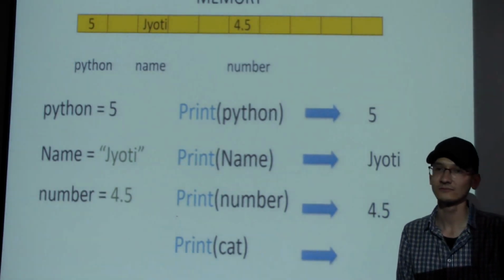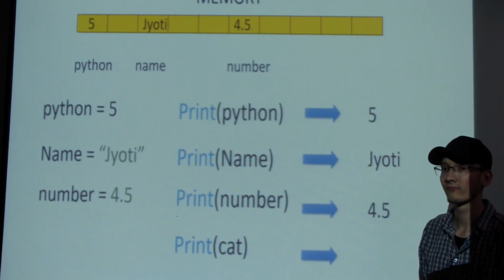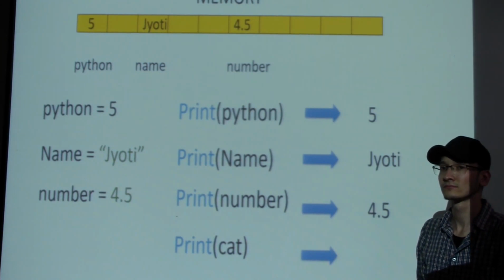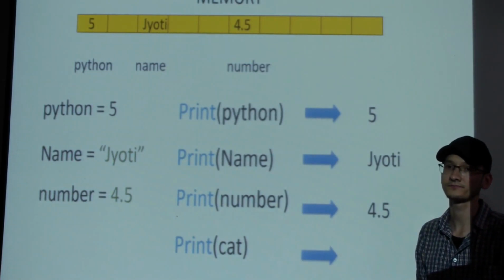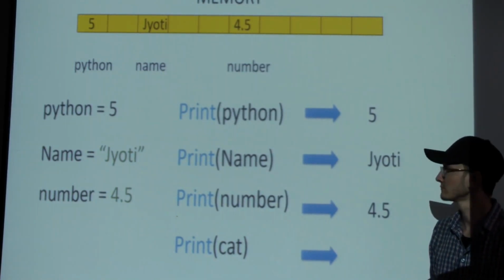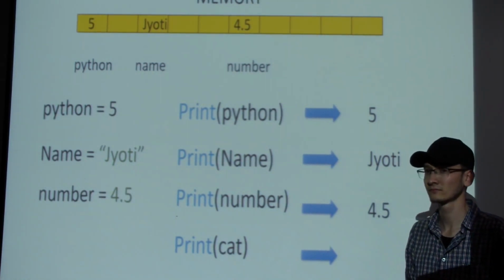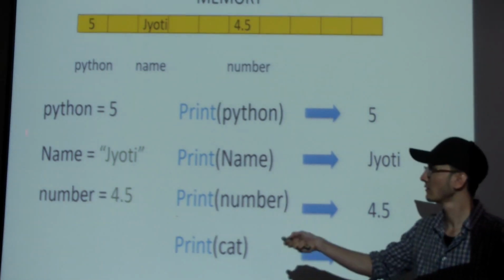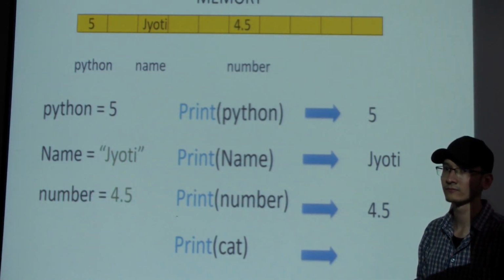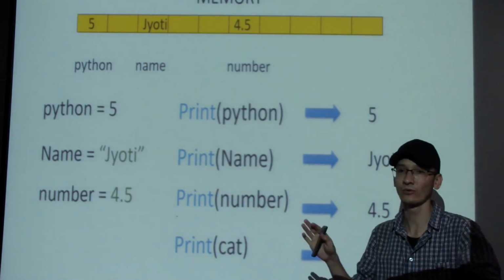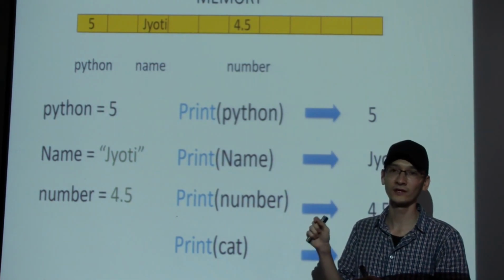Now, this one, the float one, 4.5. Do we need to write float and then 4.5? No. Now we don't have to type float, but in some cases we must.